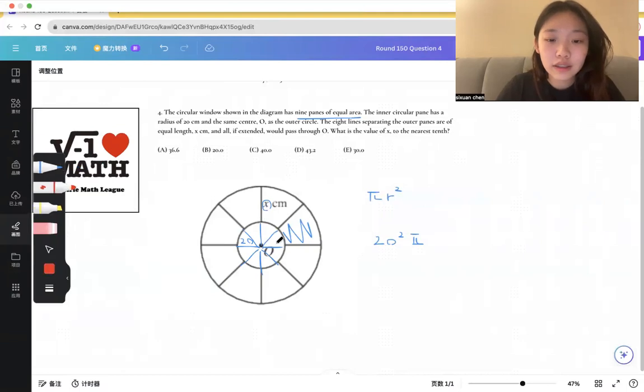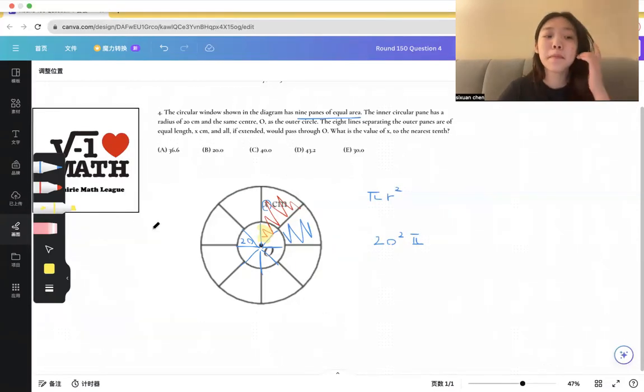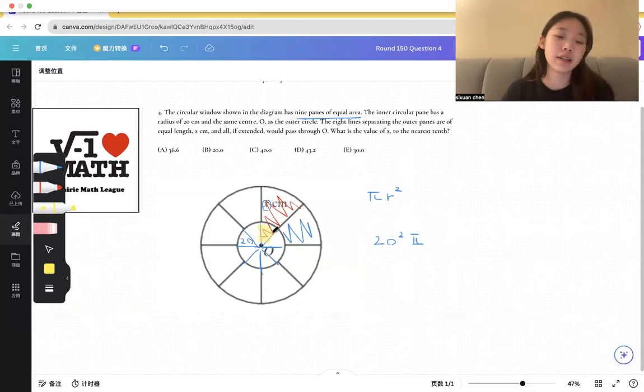And if we find the area of this larger piece and minus the area of the smaller piece right here, we can get the area of this shape. To find the area of this larger shape, we need to first find the area of this larger circle and then divide by 8 because they're creating 8 identical shapes.